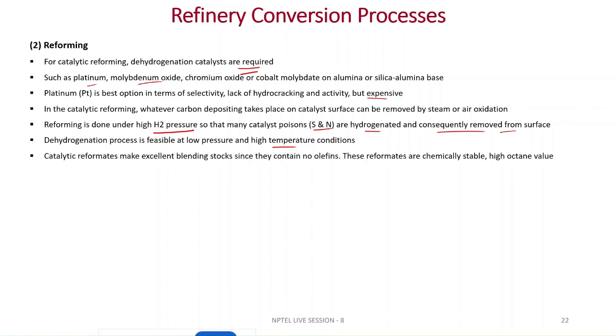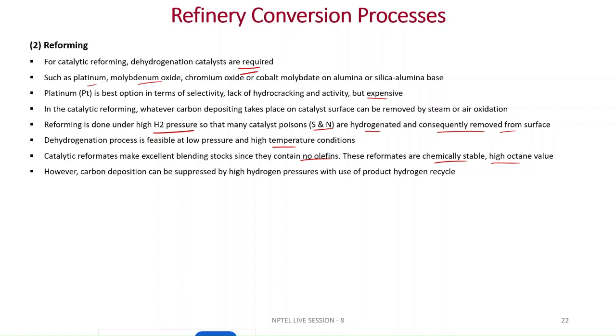Now the catalytic reformates make excellent blending stocks since they contain no olefins, and these reformates are chemically very stable and have very high octane values. That is the product of catalytic reforming. However, carbon deposit can be suppressed by high hydrogen pressure with use of product hydrogen recycle.